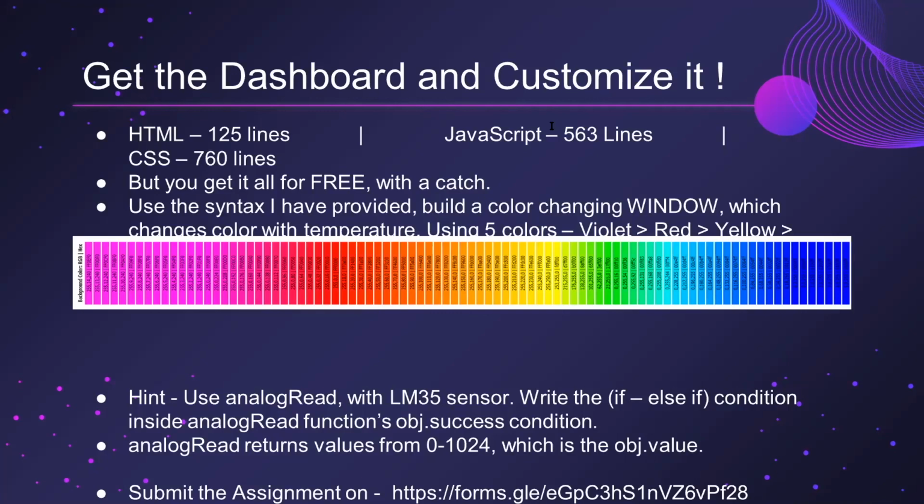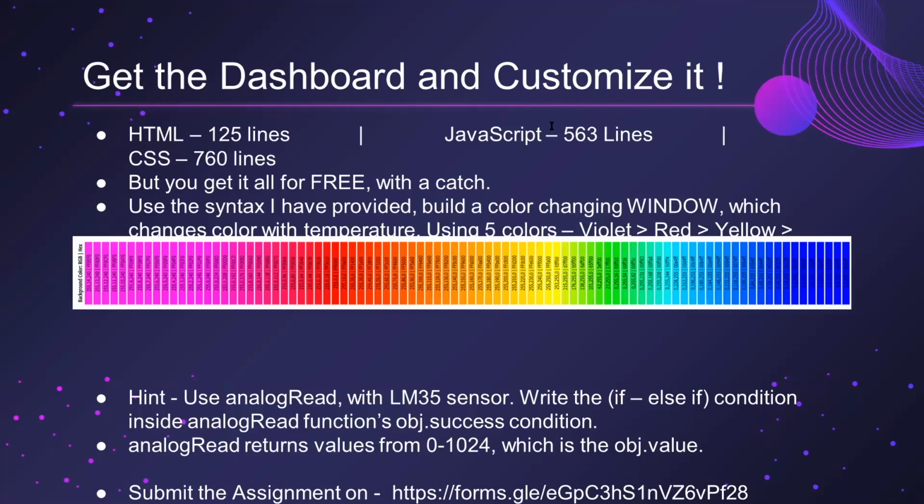If your temperature is somewhere between 0 to 50, then return a cold value, for example, purple. If it is somewhere between 50 to 150, then return blue. If it is somewhere between 150 to 300, return green, and so on. And you have to return all this in your window.